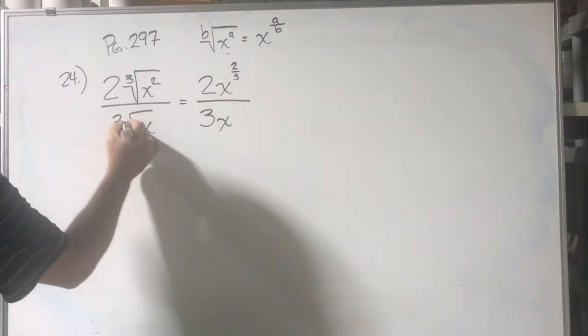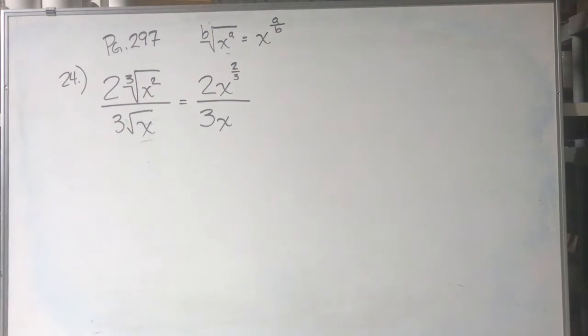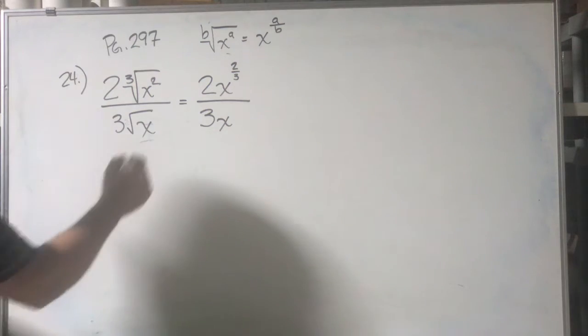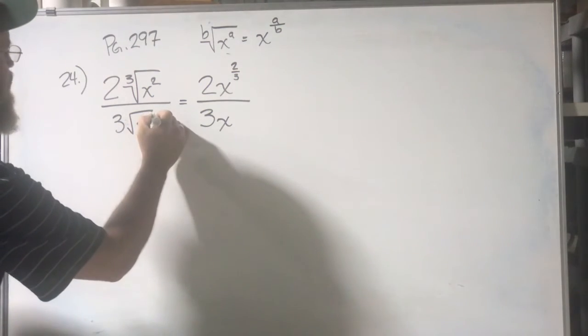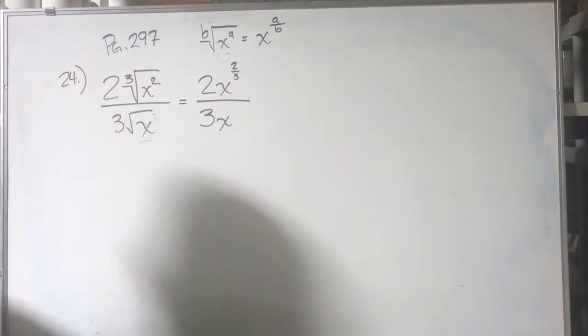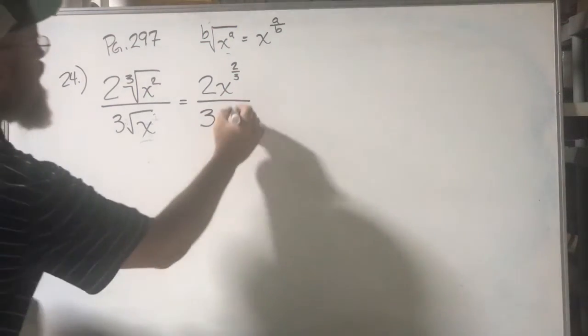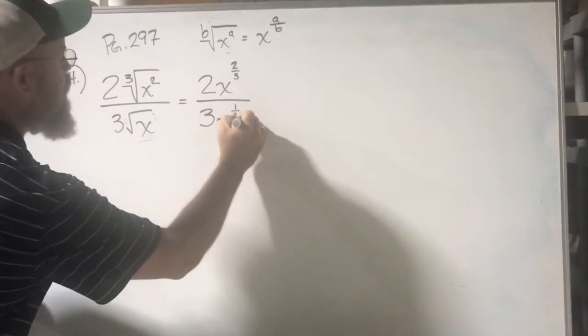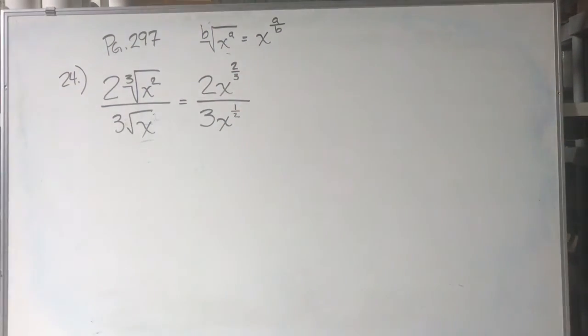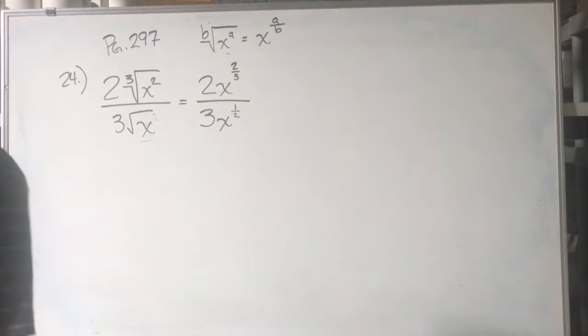All right? When you just see a square root, there is an invisible 2 there. When we just see an x, there's an invisible 1. So the square root of x is the same thing as x to the 1 over 2. All right? So now, what we need to do is we just need to divide these.